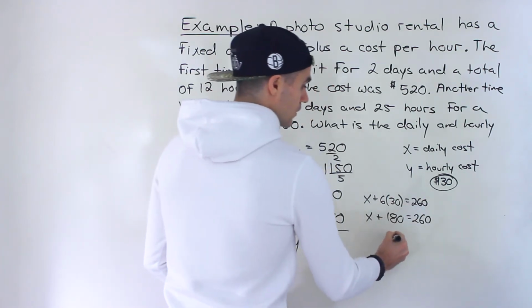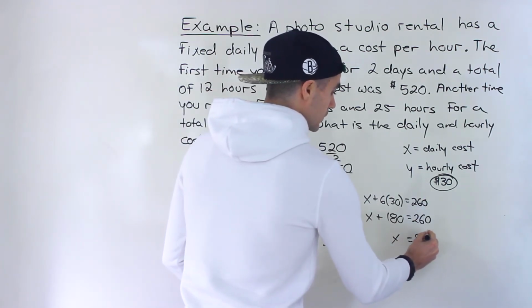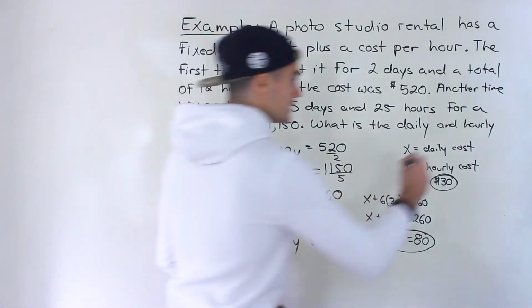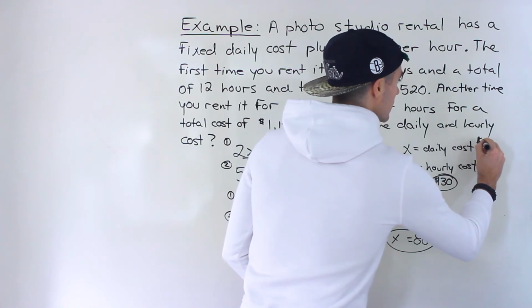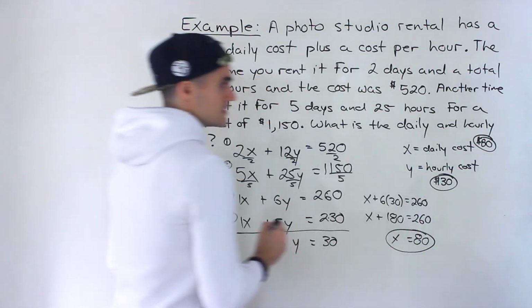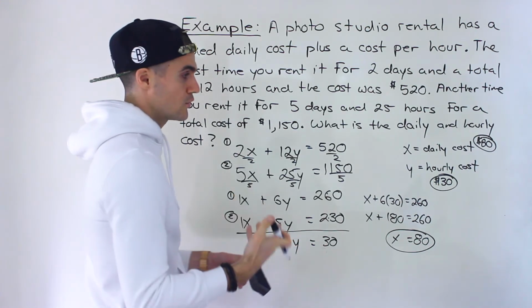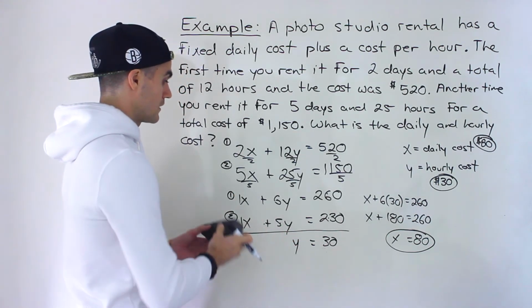Bring the 180 over, x would end up equaling 80. And so that ends up being the daily cost. So the daily cost is $80 per day. The hourly cost is $30 per hour. That ends up being the final solution.